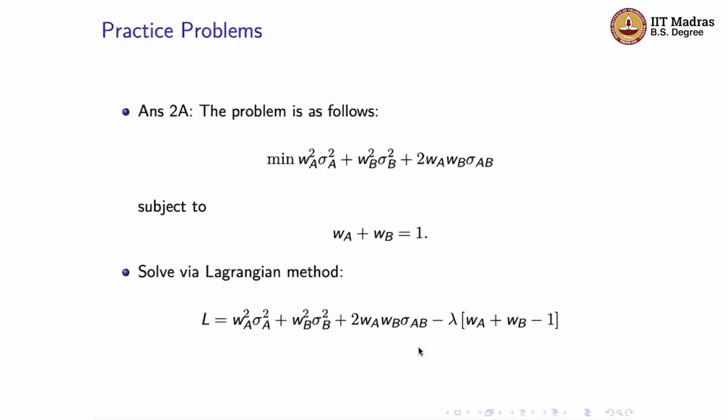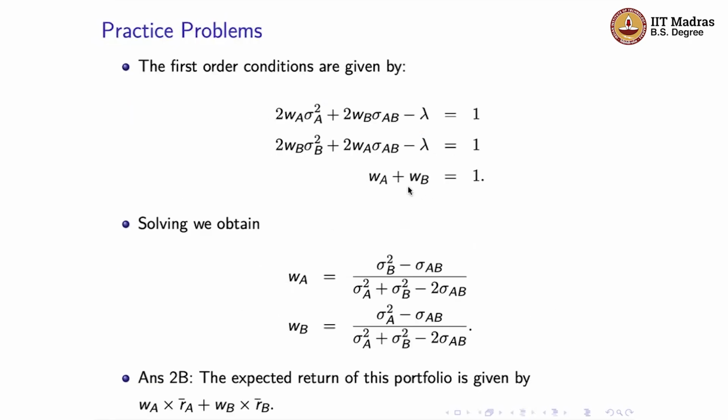And the third one, if you differentiate with respect to lambda, you end up getting WA plus WB minus 1 is equal to 0. And so therefore WA plus WB equals 1. So how do we go about solving it? Well, we'll note that if you write these first 2 equations in terms of lambda, you end up getting that this expression is equal to lambda, and this expression is also equal to lambda, right?